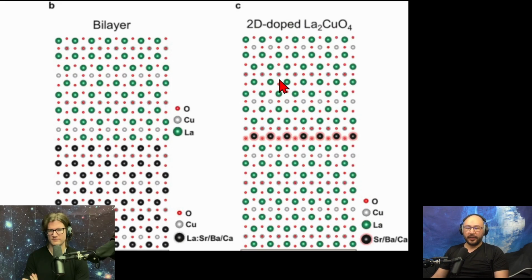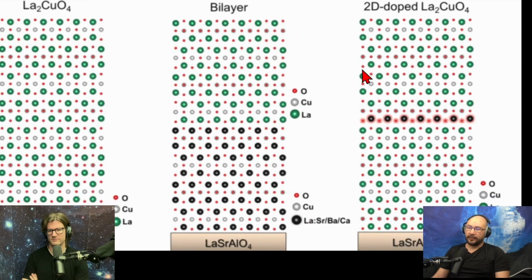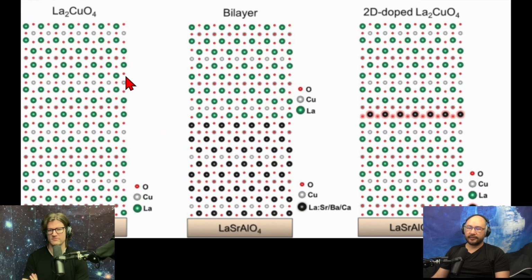Why is this important? Why does this have impact to society? Because when you have these bulk objects, they have whatever properties you have of the bulk thing. If it's copper, it's going to be copper.